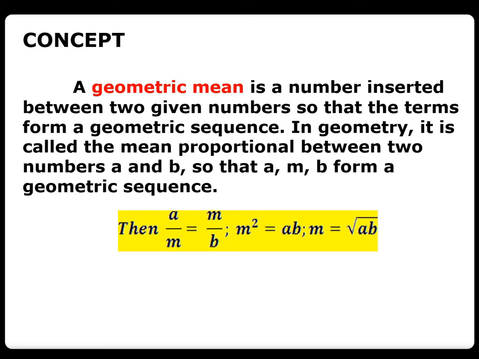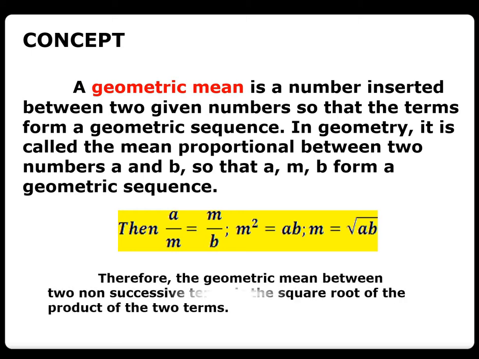Thus, by cross multiplication, we have m squared is equal to a times b. And solving for m, we just have to take the square root, so we have m equals the square root of a times b. Therefore, the geometric mean between two non-successive terms is the square root of the product of the two terms.